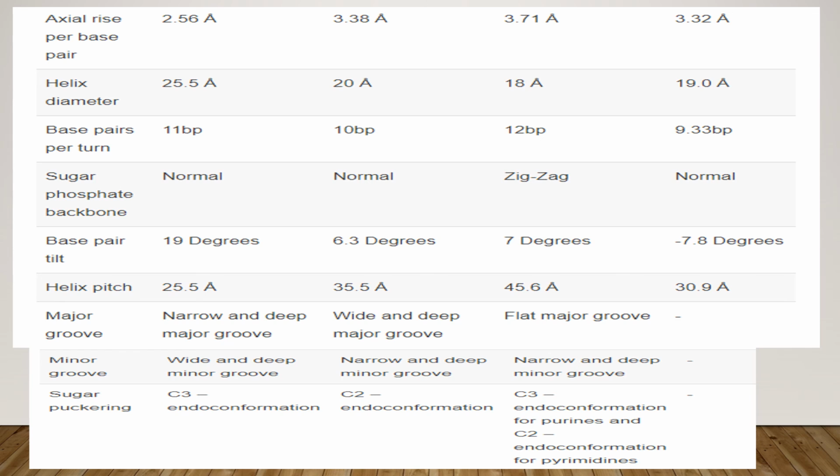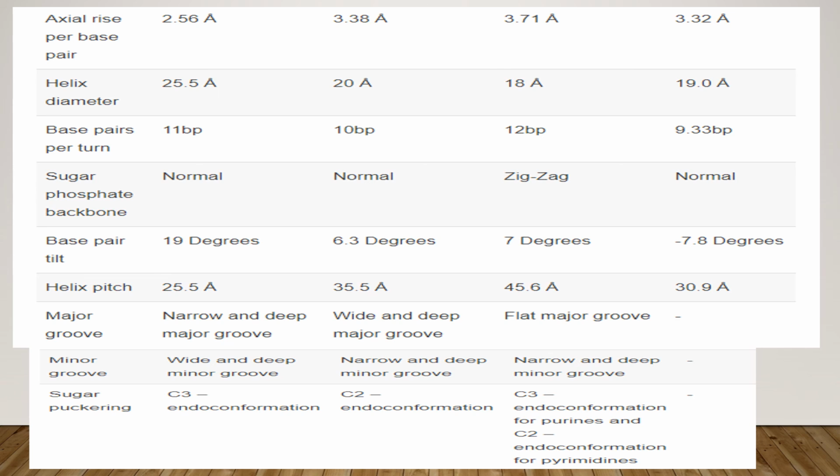In the A form, the major groove is narrow and deep. In the case of B form, the major groove is wide and deep. In the Z form, the major groove is flat. Minor grooves are wide and deep in the A form, narrow and deep in the case of B conformation, narrow and deep in the Z form.